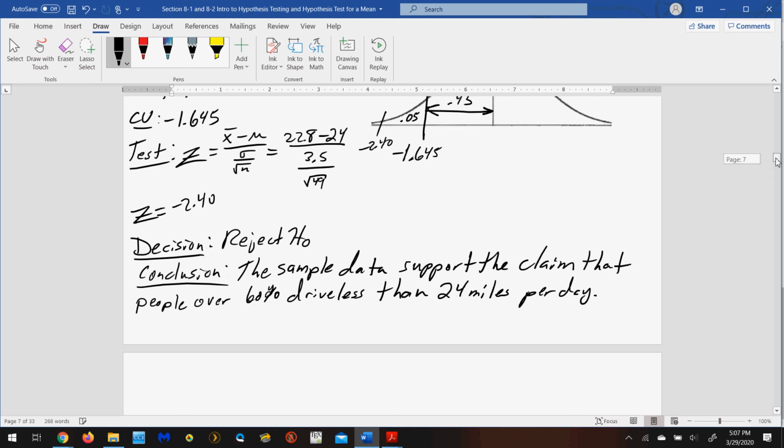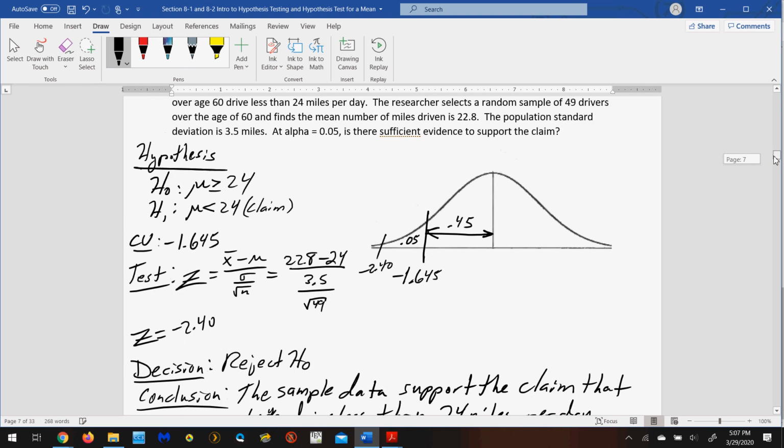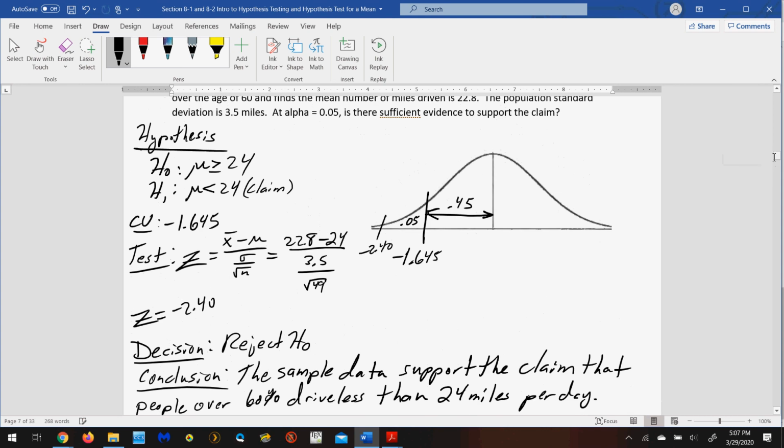And let me see if there's any other part of the question there. So it said, is there sufficient evidence to support the claim? I essentially said yes, and have that in the wording of the conclusion itself, because it says the sample data support the claim.